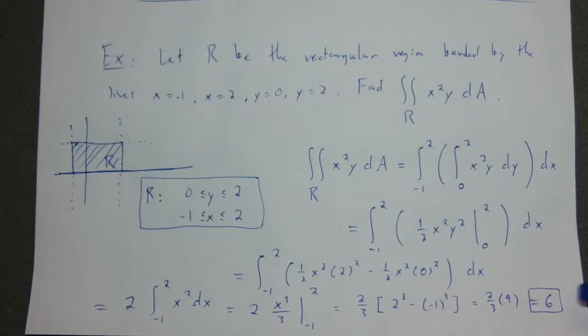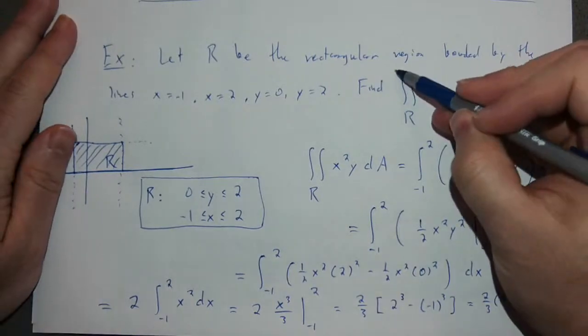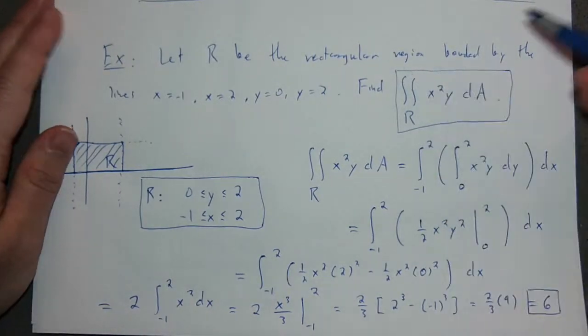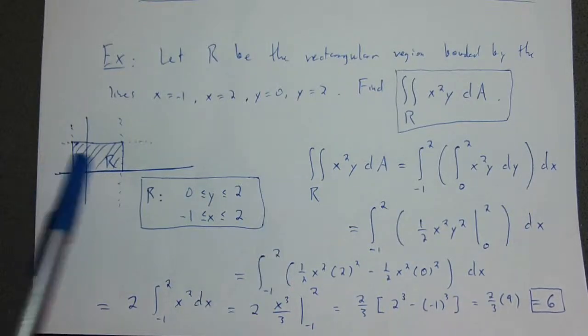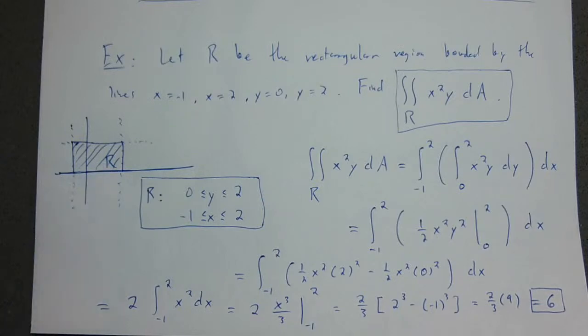Now, what does this number 6 mean here? Well, what I was computing is this thing. Another way of phrasing this problem would be consider the region R, and consider over this region R the graph of the function x squared y, or z equals x squared y.